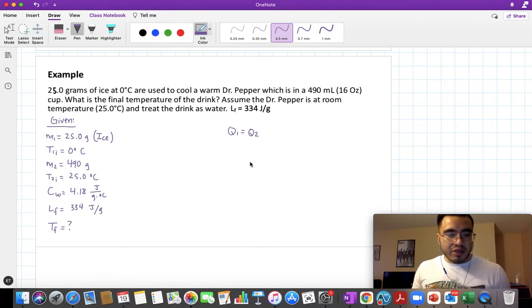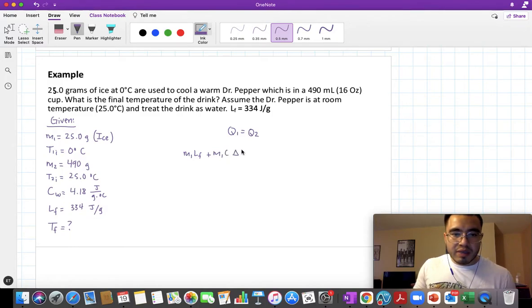In this case, Q1 will have two parts, right? Will be the change of phase, so mass 1 times latent heat of fusion plus mass 1 specific heat times the change in temperature 1. That will be equal to mass 2 times specific heat times the change in temperature 2.